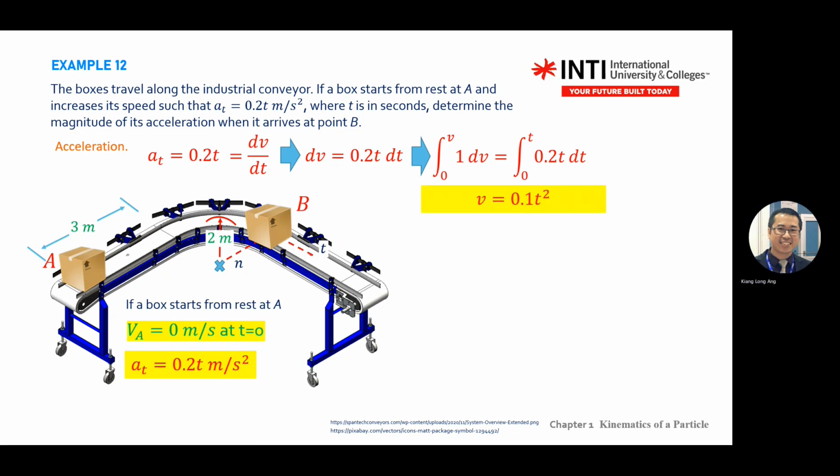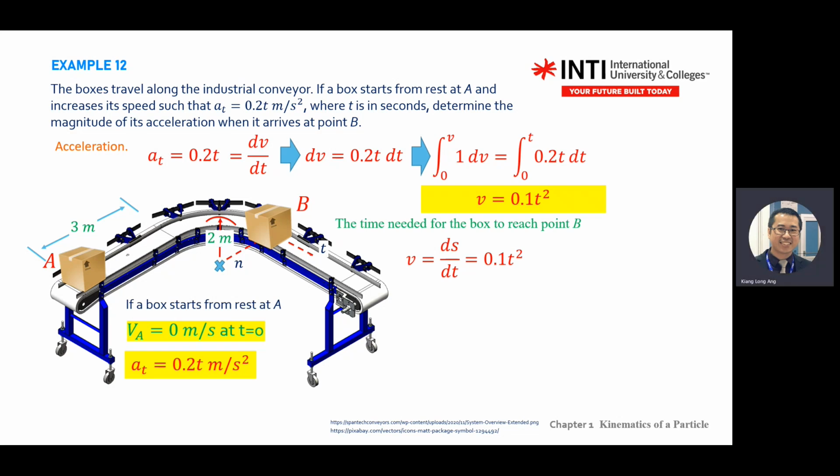Okay. So you get one equation from the integration, v equals 0.1 t squared. Then you recall in the first session, you learned v equals the time differentiation of position. You continue working from here by using the velocity definition. Integrate one more time to get the s equation.